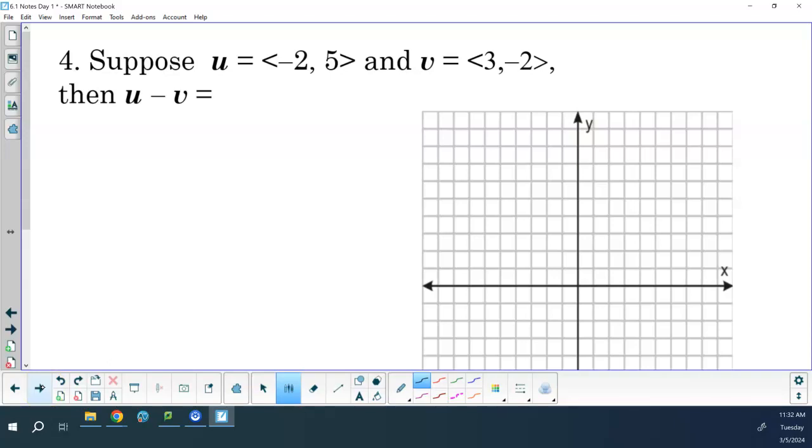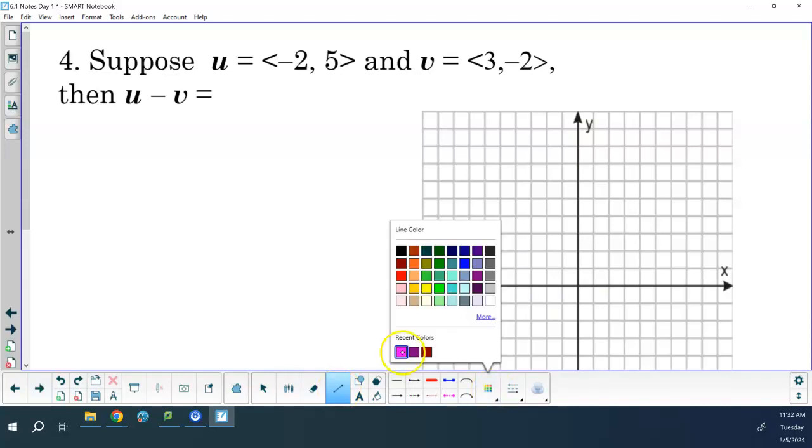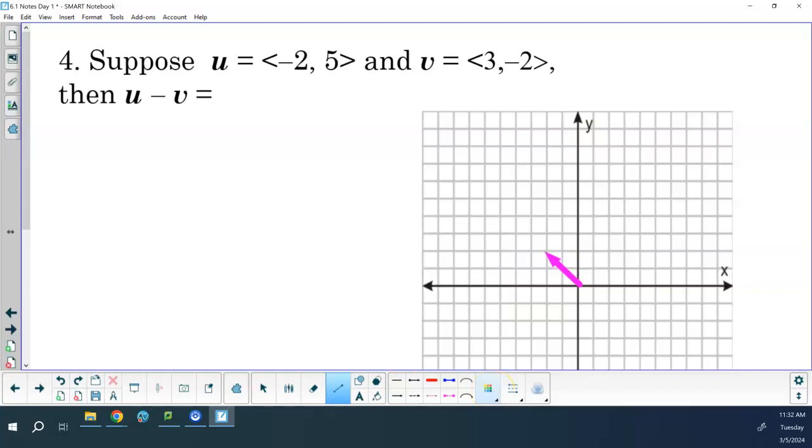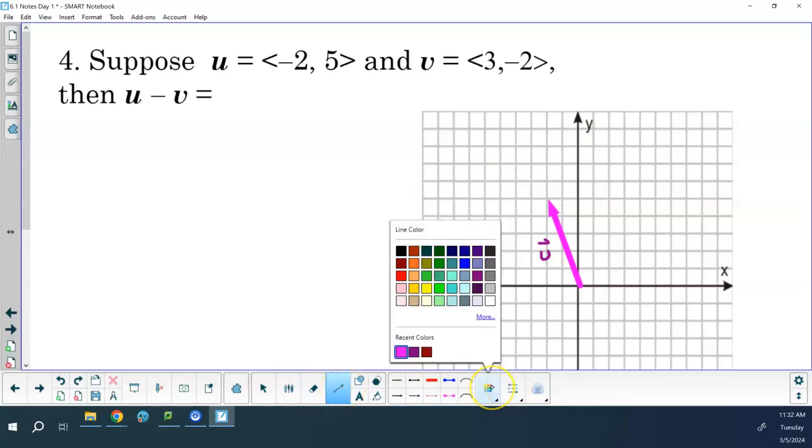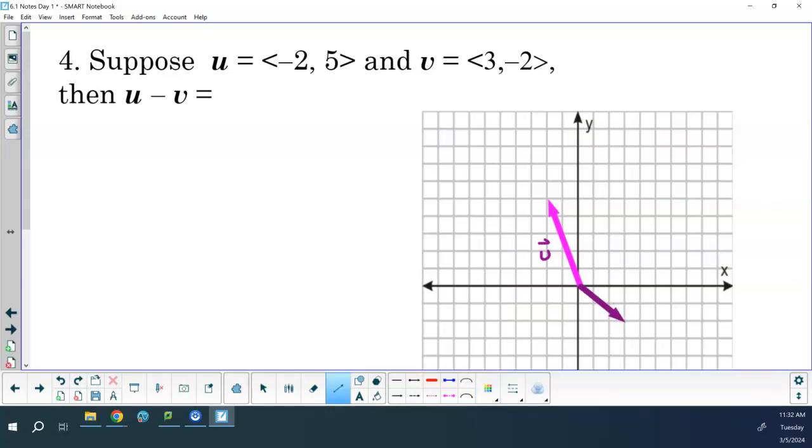Vector subtraction. Okay. So if we have vector u, that's my 3, 4, and 5. There's vector u. There's vector v.